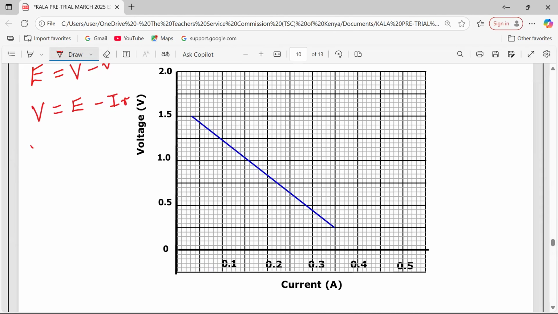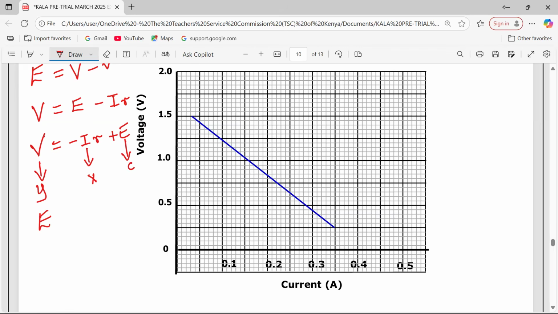We can rearrange this and say V equals negative IR plus E. Now, if V is plotted on the y-axis, then current is plotted on the x-axis, and the constant here becomes our C.